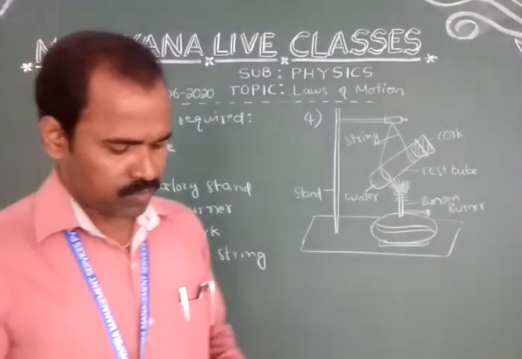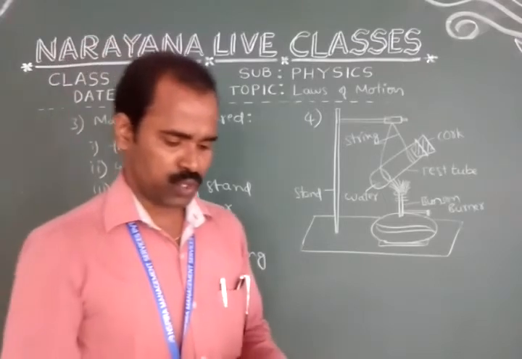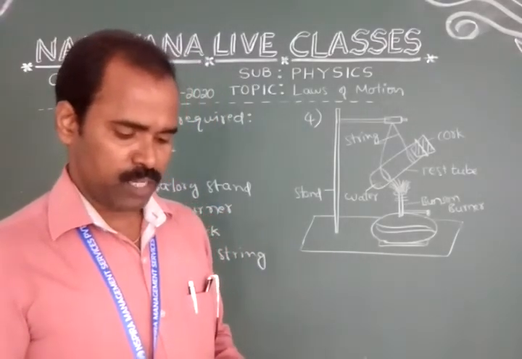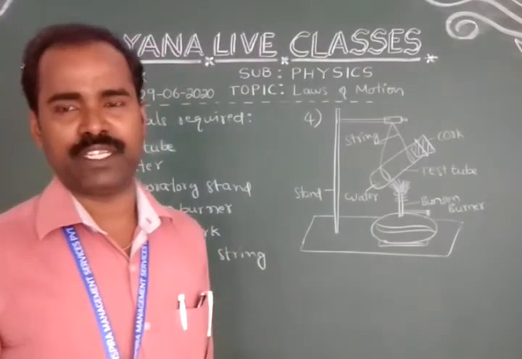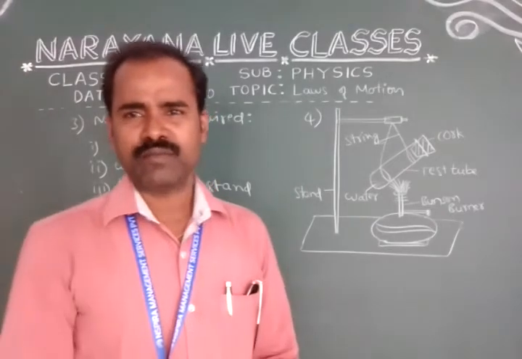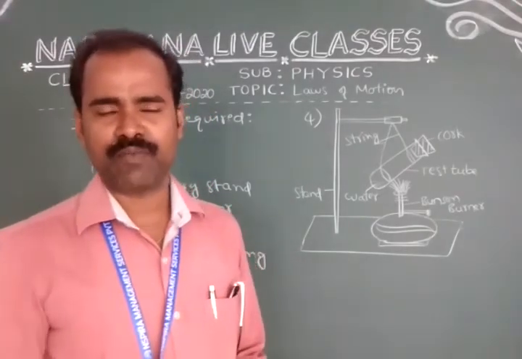Next question: why is it difficult for a firefighter to hold a hose that ejects a large amount of water at high speeds? Have you seen how firefighters extinguish fires?